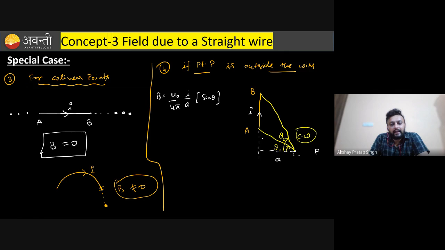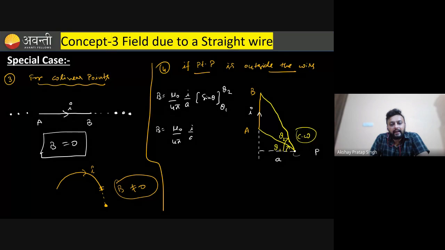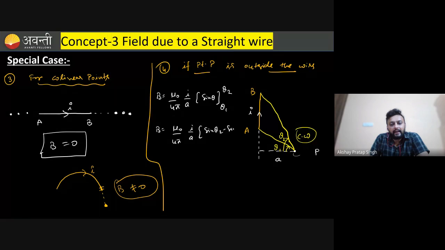There I used minus theta 1 because the angle was anti-clockwise. Here both the angles are clockwise, so the limits are theta 1 to theta 2. Now if you put the limits, it becomes mu naught over 4 pi, I by A, into sine theta 2 minus sine theta 1.